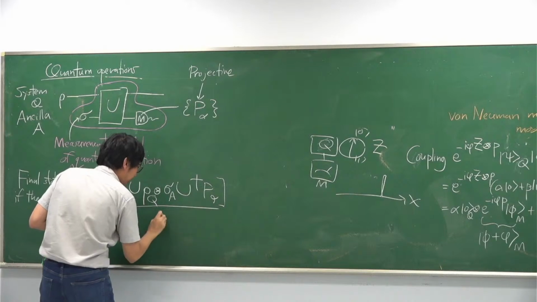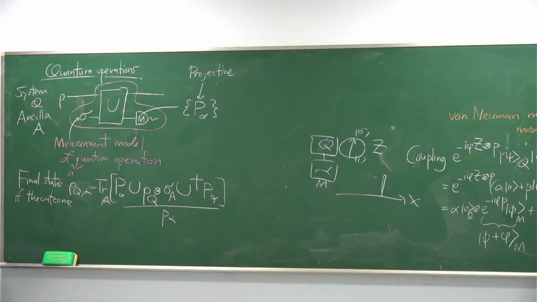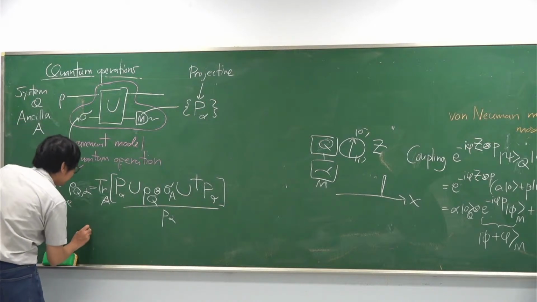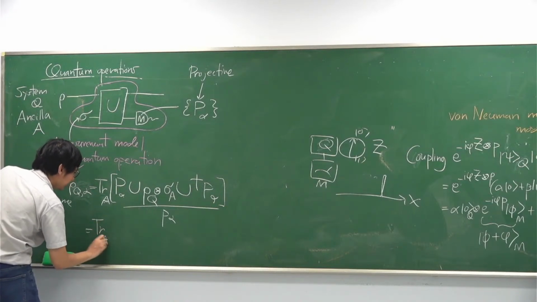But now I have to divide by the probability of getting the outcome alpha as well. Yeah, so that's how you can write it.